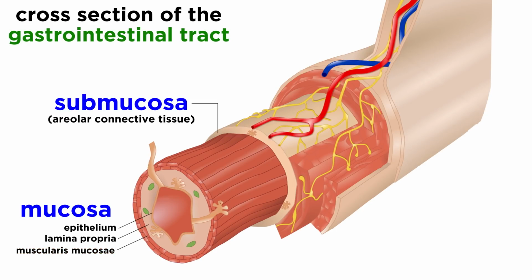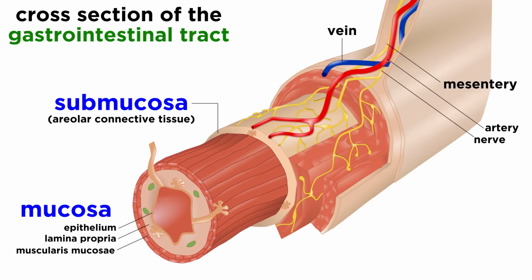Beyond this is the submucosa, which is made of areolar connective tissue and full of blood vessels, lymphatic vessels, lymphoid follicles, and nerve fibers, and we can see these entering through a mesentery. Digested food just has to get to this layer in order for nutrients to spread all over the body.